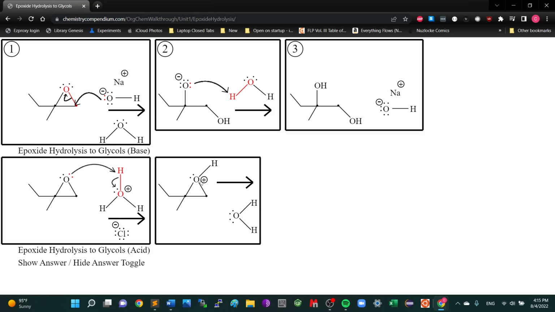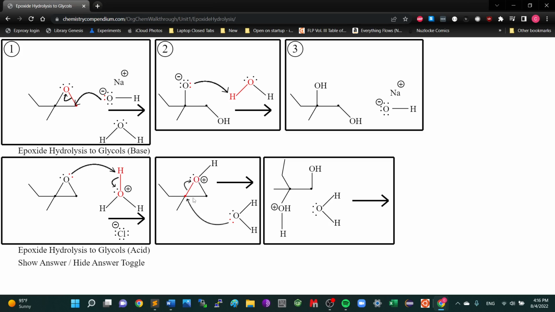Now we have a positively charged oxygen right here in our epoxide, and we have water, which was formed from the hydronium, but is also floating around in solution since it's an aqueous solution of hydrochloric acid, as you can see. So we are going to have this water attack at the more substituted position, and then this positively charged OH is going to be the leaving group.